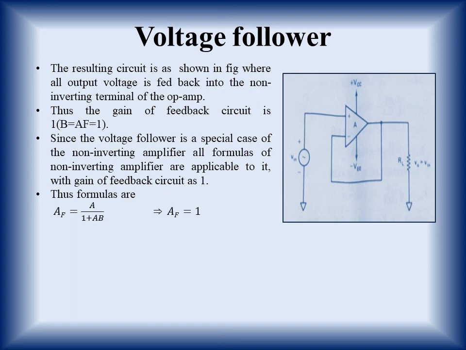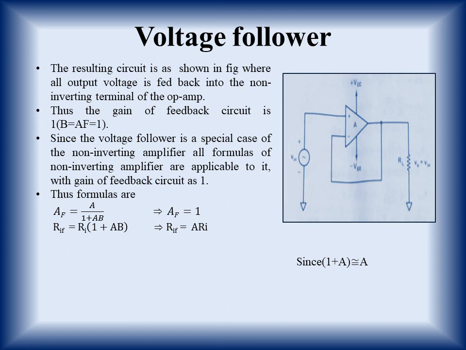First we see the gain. AF is A upon 1 plus AB. Here in case of voltage follower, AF is 1. How does this become so? Because A is very large, so simply we have made AF 1. We have defined it in this way. Here we can apply 1 plus A is approximately equal to A, because A is very large. This we will use in many other formulas, like RIF is RI times 1 plus AB.